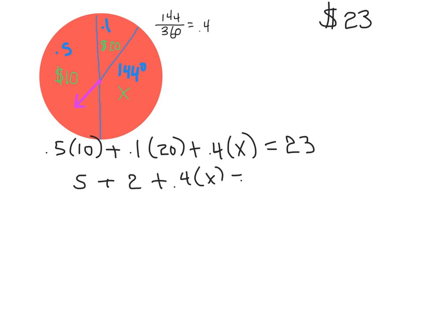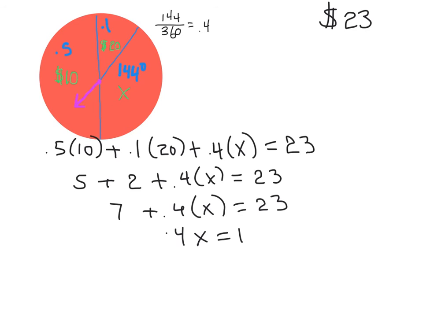We're going to figure that out. Equals 23. 2 plus 5 is 7. 7 plus 0.4 x equals 23. Subtract 7 from both sides and you get 0.4 x equals 16.